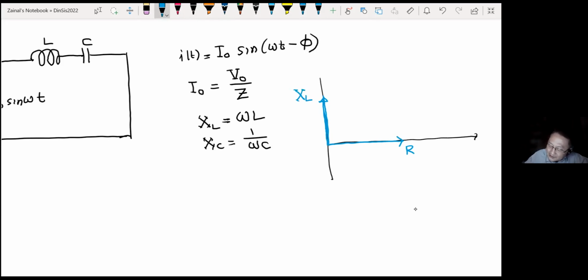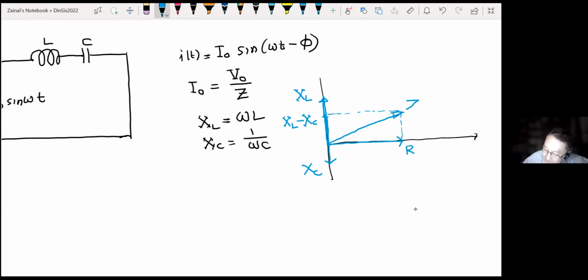And then you have, for example, this one equal to XC. Now you have to subtract XL minus XC. So this one is XL minus XC. Then take the resultant of this one and this one, and this one is Z, the impedance. This is phase phi.